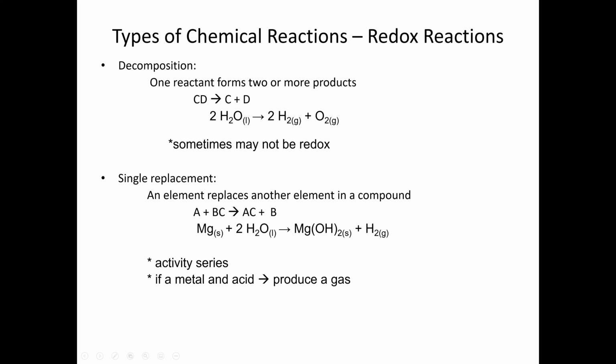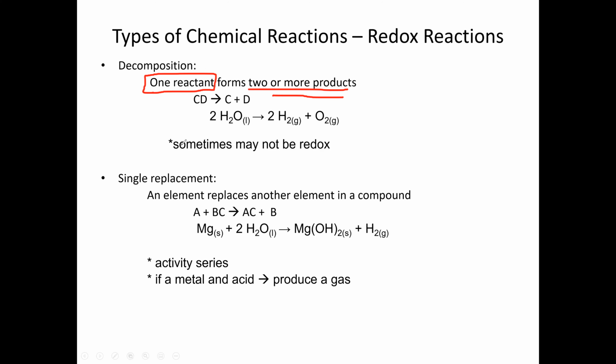The next one is decomposition. Decomposition is like the sister of synthesis. So here, the key thing for decomposition is that you have one reactant. On the left-hand side, there's only one reactant, and you form 2 or more products.